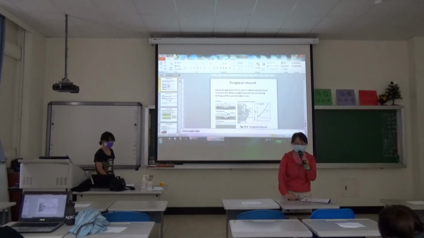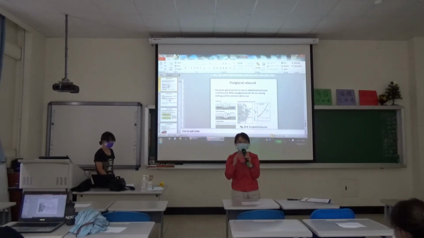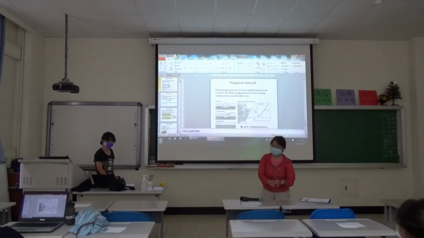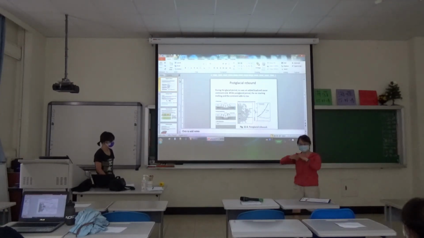What happened is after the removal of the ice, the crust moves like this. Before it's like this, and then afterward it's like this. It bounced back a little bit. Therefore, this city is at the margin of this bounce back. So that's the reason it sinks a little bit during the rebound.